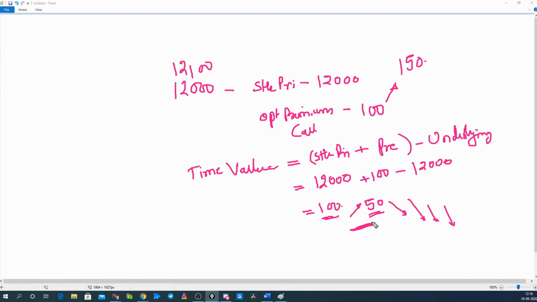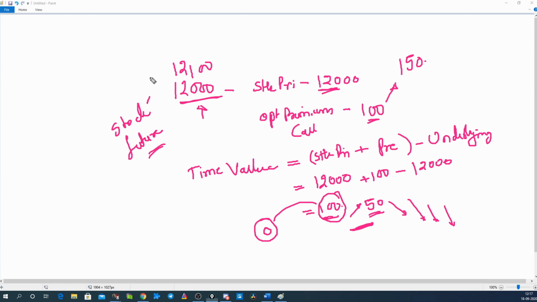Now, why is it important? Because let's say you bought an option of 12,000 strike price at 100, and at expiry, if it closes at 12,000, this 100 rupees time value will become 0. If you want to replicate a stock or a future and don't want to buy a lot of stocks or pay the margin on future, you can buy deep in the money options, because you will be charged much less than what futures margin is, or buying that much amount of stock will cost.